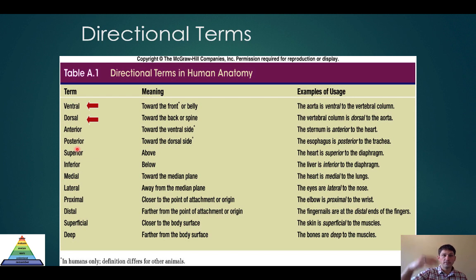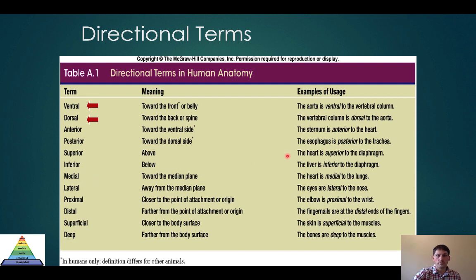Superior is above, inferior is below, medial is towards the middle, lateral is to the side, proximal is closer to a point of attachment, distal is farther away from a point of attachment, superficial then is towards the body surface, and deep is farther from the body surface, okay? Now what's really important to know is when you use these directional terms, they are used in reference to something else.